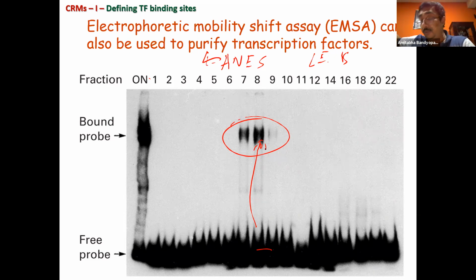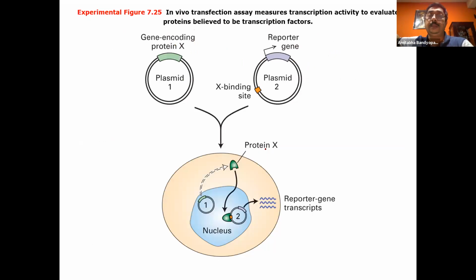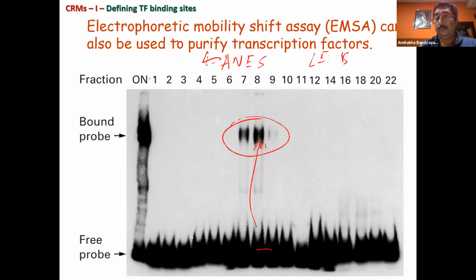Or you have a reason to suspect that this is an enhancer. You can test it in vivo, like in a cell line. I do not know if it actually exists, but let us say that you have a corneal cell culture. There, you can take two different plasmids. One is an expression plasmid for the protein X, with which you got this electrophoretic mobility shift.